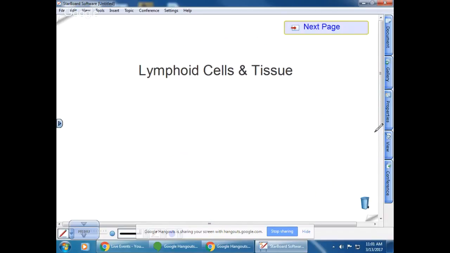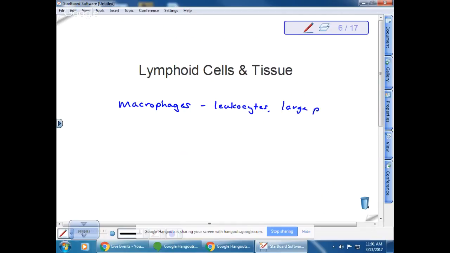Okay, so let's look at the cells and the tissues. In the lymphatic system, we can talk about macrophages. Macrophages are leukocytes, and they're large phagocytes. There are little stations where these macrophages reside, and these are what are called the nodes.